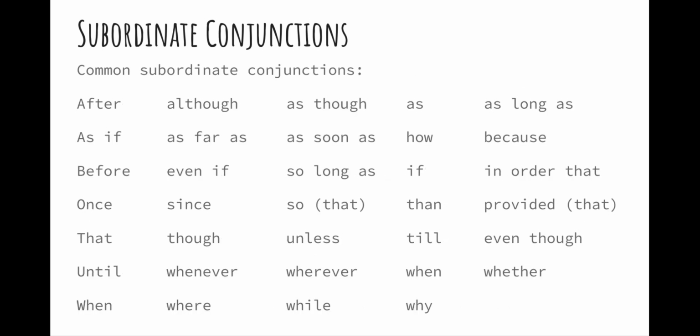Now, here is a list of all of the common subordinate conjunctions. It is a much more extensive list than I gave you when we were doing our clause lessons. So make sure that you make a note of this in your notebook so that you have a more detailed list as you are looking for these and as you are using them in your writing.